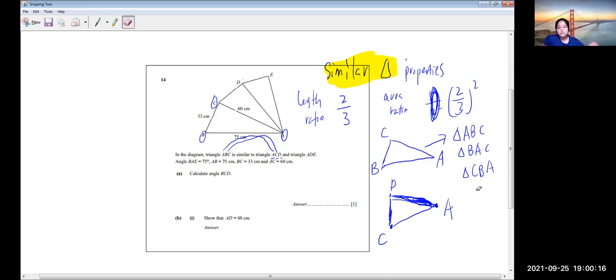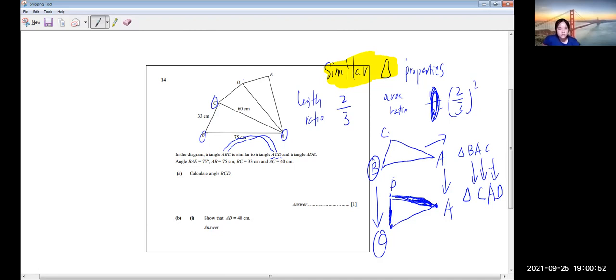But if I ask which triangle is similar to which triangle, and you name your triangle BAC, you better name this one CAD. Why? Because B matches with C, A matches with A, C matches with D. So the order is important, strictly speaking.